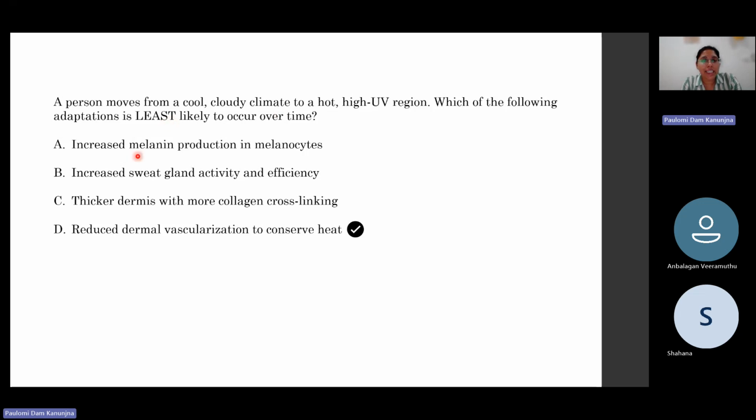First thing is increased melanin production, of course, because it needs protection from the sun. Increased sweat gland activity because it will have sudden exposure to heat, so it needs sweat gland activity, and a thicker dermis with more collagen cross-linking so that it can protect the skin, right? So the last option, where you have reduced vascularization to conserve heat, is the one that won't occur, because you don't need to conserve heat; you now need to give away the heat.